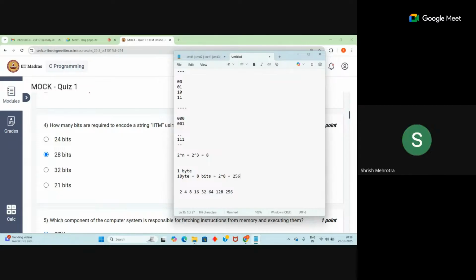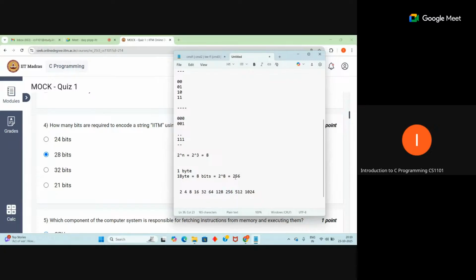Going up: 256, 512, and after that 1024. So 10 bits means 1024. We are taking only 8 bits.